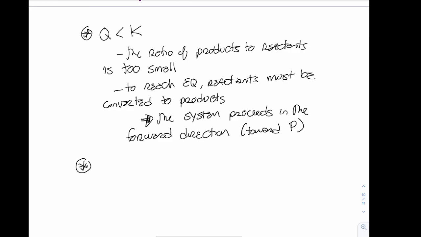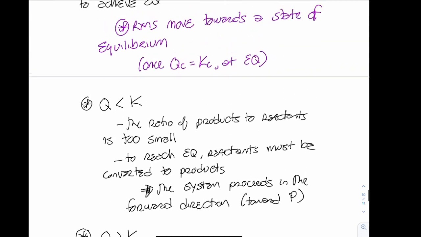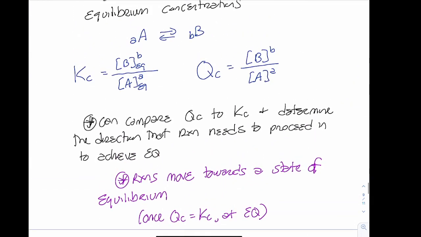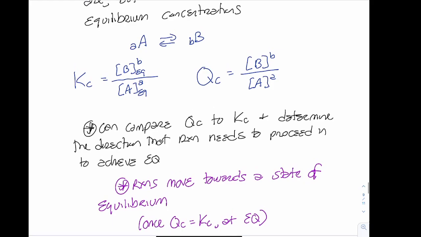If the opposite was true, if Q is bigger than K, again, remember K is our goal, so Q is too big. We need to make Q smaller. So if we go back and look at our ratio, this time we're saying this is too large.